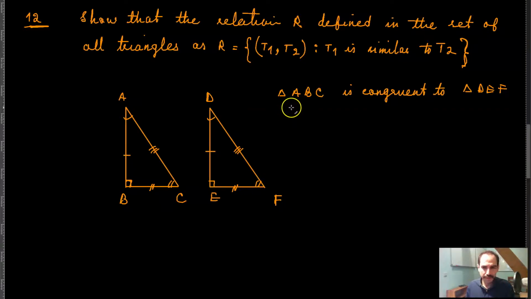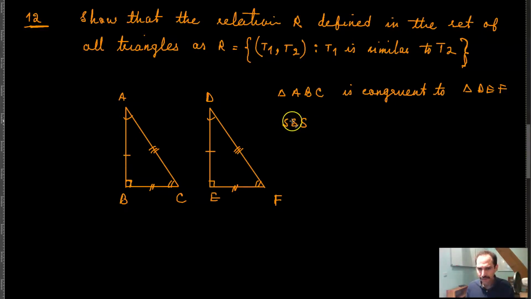For example, there is the criterion of SSS, meaning the three sides. If the three sides of two triangles are equal in size, then the two triangles are congruent, meaning that if the three sides are of the exact same length, then the three angles will also be equal, and so the two triangles will be congruent.